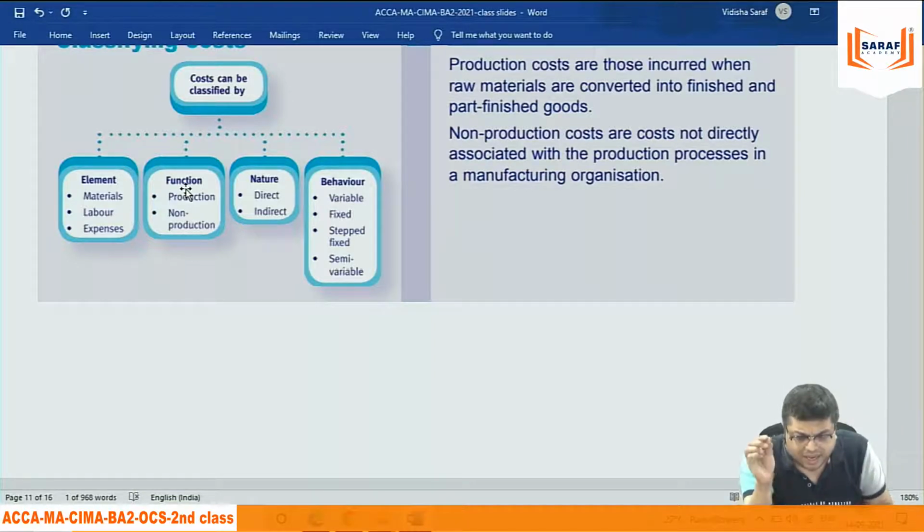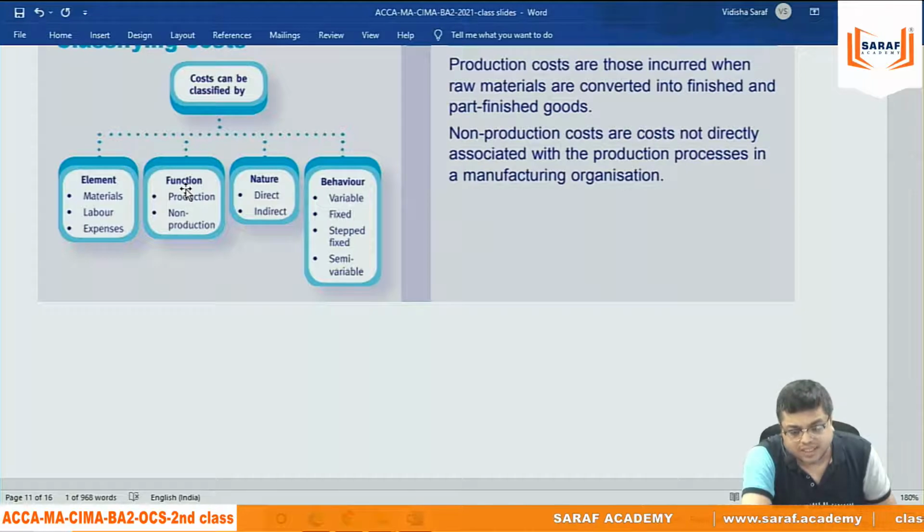Can anybody say what is the difference between selling and distribution function, or they are same? Selling function and distribution function is same or it is different? Because normally we say selling and distribution. So what difference is there in selling and distribution?